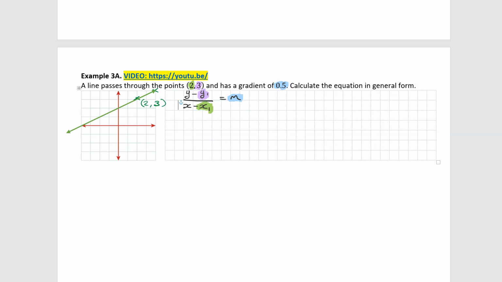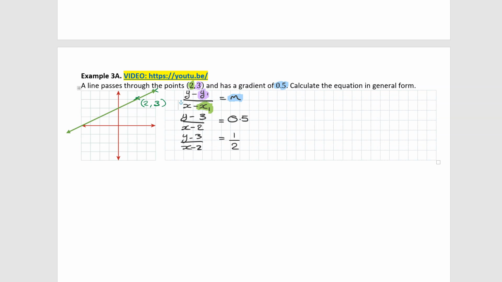So we can simply substitute in these values. Subbing them in, we get 0.5 equals y take 3, all over x take 2. Changing this 0.5 to a fraction, simply because it's neater that way, we get 1/2 equals y take 3, all over x take 2.